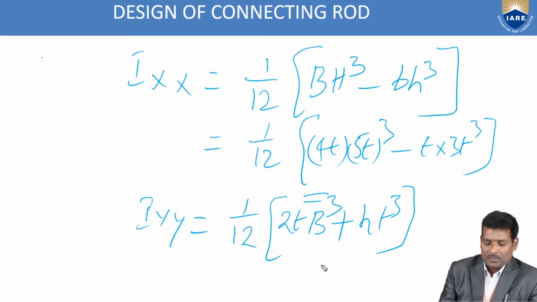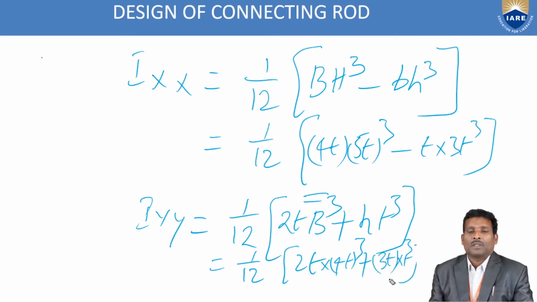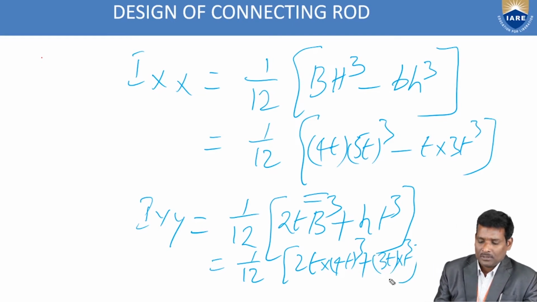Substitute capital B as 40 and small h as 3t, multiplied with t cube. We will get the Iyy value in terms of t.